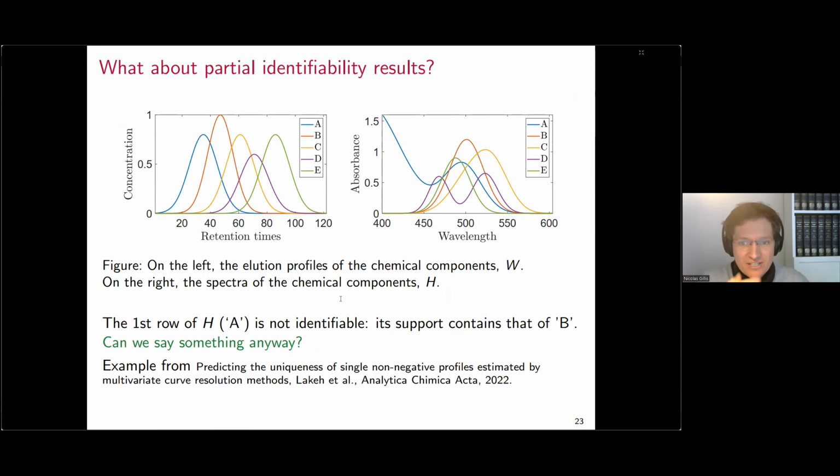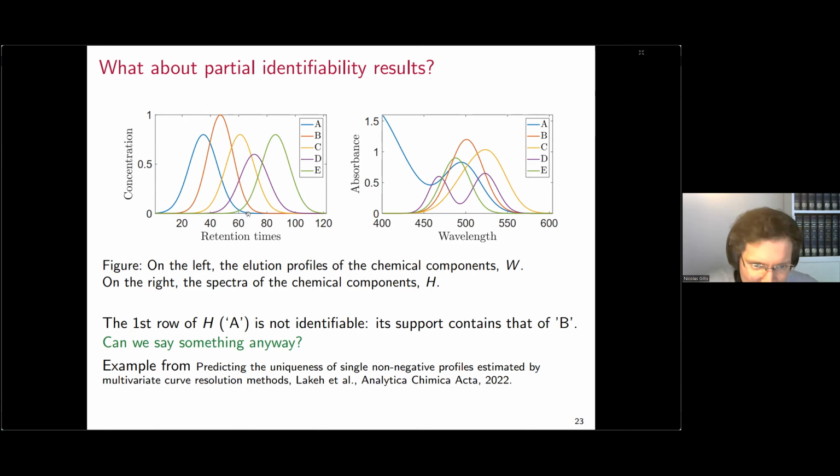Let me now go back to this particular example. Can I now find profiles which are unique? For that, I need to check these two conditions. For example, if I look at the blue factor, the first rank-1 factor, I see that the selective window assumption is satisfied, because the row of H here is positive while all the other ones are 0. So the selective window assumption is satisfied for the blue profile. Now I need to check that when the blue profile is 0, the other ones have full rank.